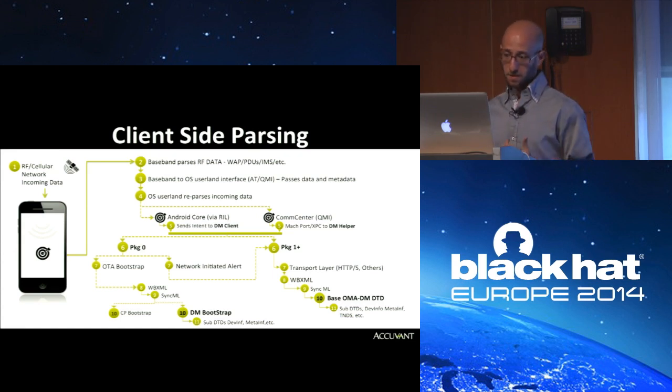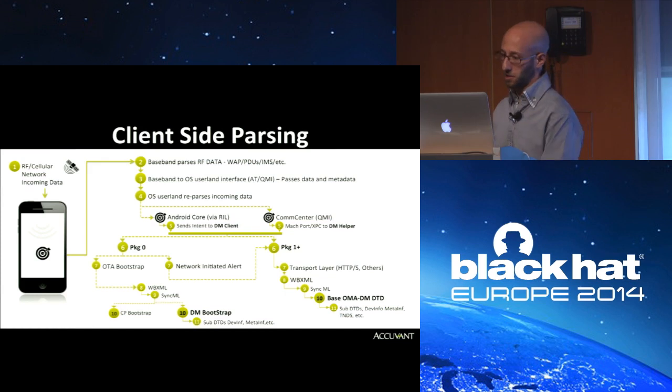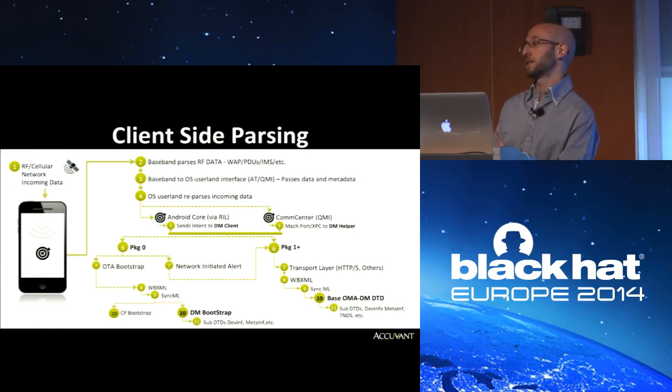OS userland will then reparse the data. So if you're on Android, it gets sent via the RIL. It'll parse it, see, hey, I need to pass this data to the DM client, and it'll then send an intent to the DM client. On iOS, you have CommCenter, which will parse all this. It'll then pass it to what's called DM Helper.